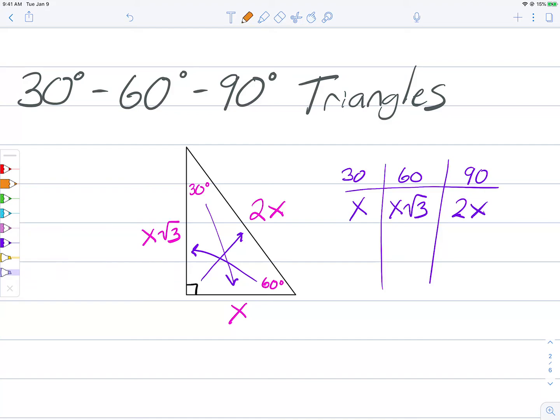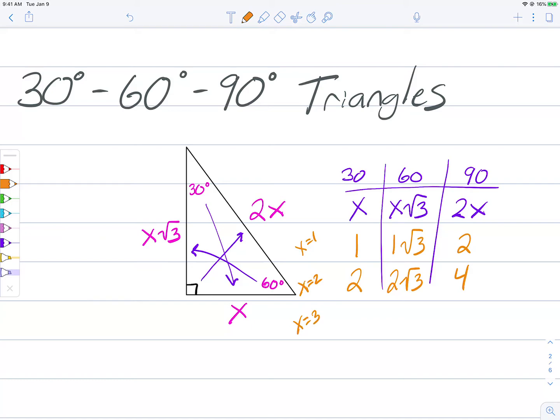Now again, let's just say that we figure out that our special number x is 1. So it's kind of like our original dilation. Then across from the 30 would be a distance of 1, across from the 60 would be 1 root 3, and across from the 90 would be 2 times 1, which is 2. If I found out x was 2 in a triangle, then across from 30 would be 2, across from 60 would be 2 root 3, and across from 90 would be 2 times 2 is 4.